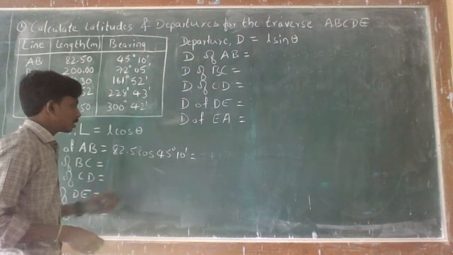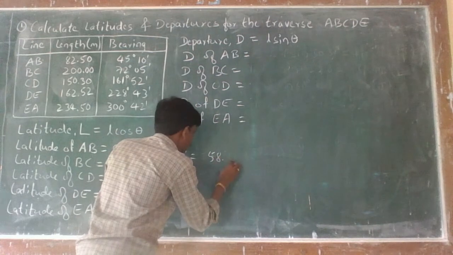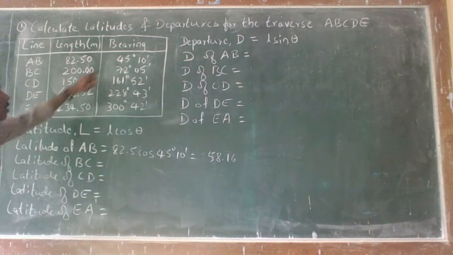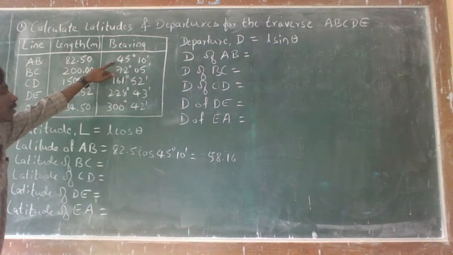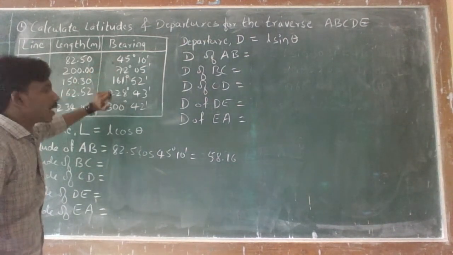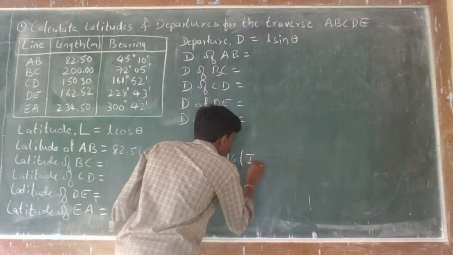So this will give you the value 58.16. Here you can see 45 degrees. So 45 degrees is less than 90 degrees. So this lies in first quadrant. So write, first quadrant.